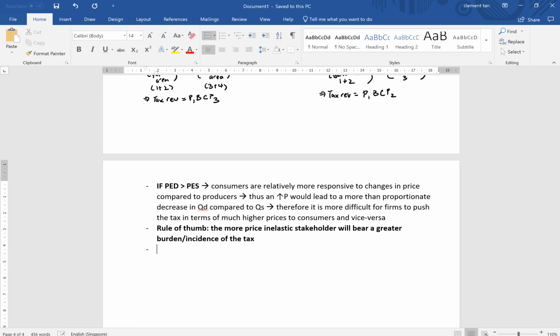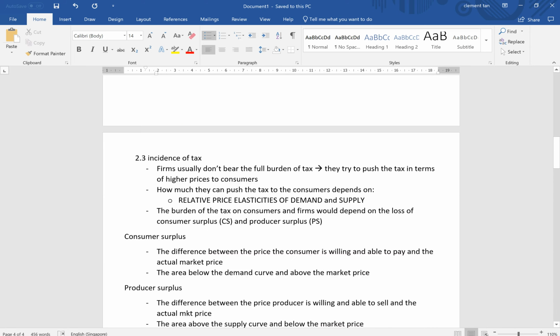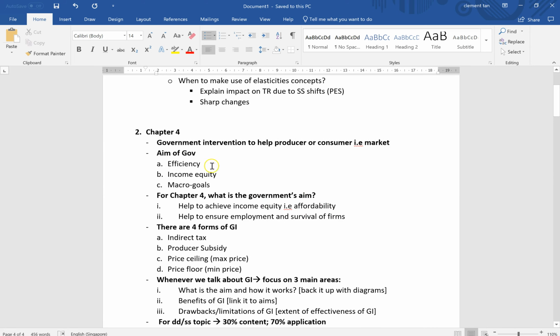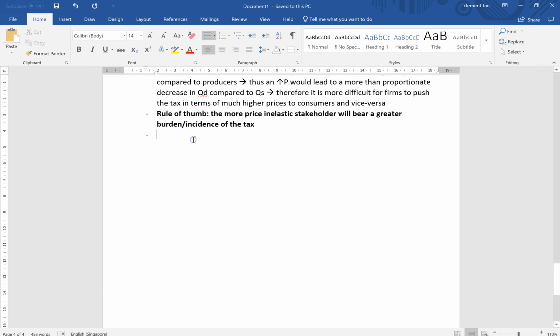Another thing is, remember what were some of the aims of the government? One is efficiency, two is equity, right? Remember, right at the beginning, I said that the aim is efficiency and equity. So let me just write here, for the benefits of indirect tax in chapter 4, the main thing is just tax revenue.